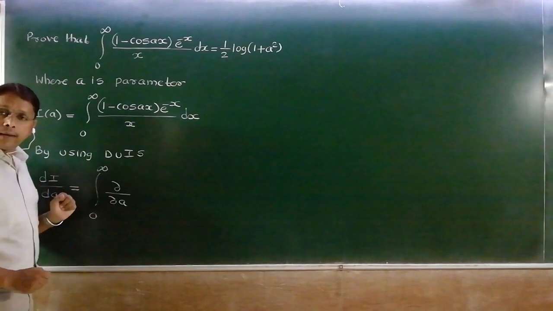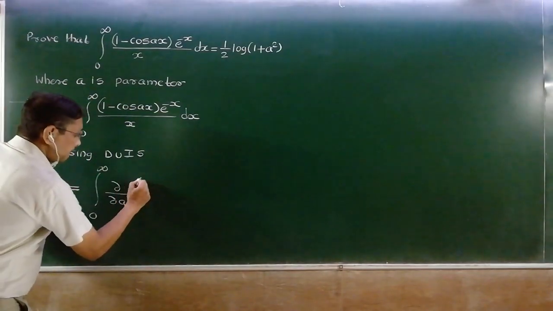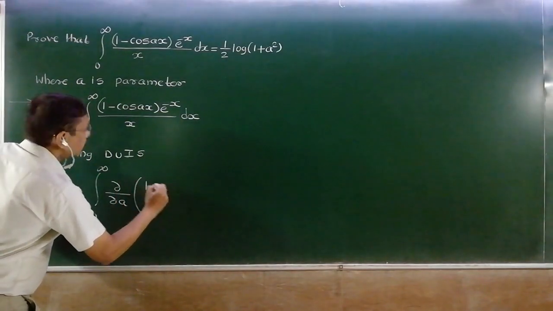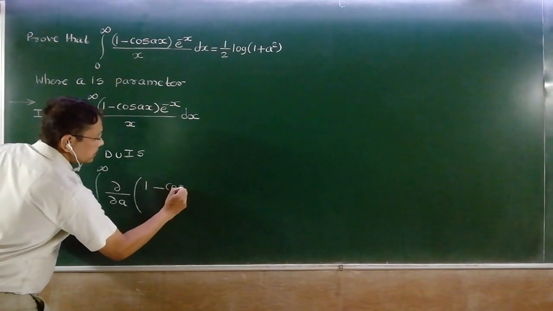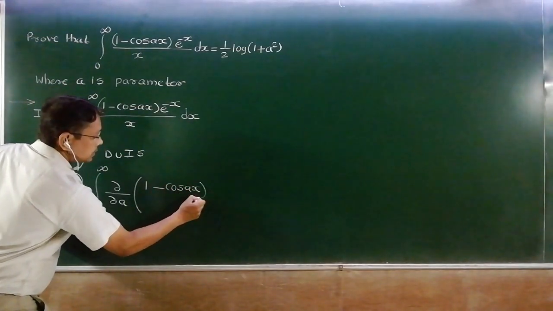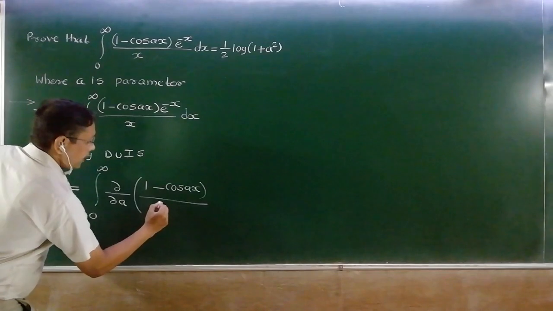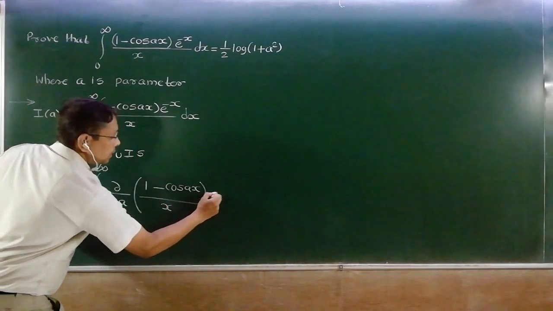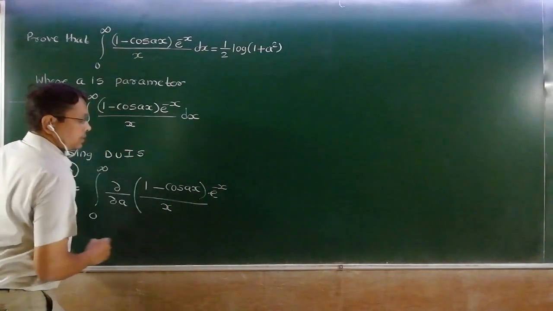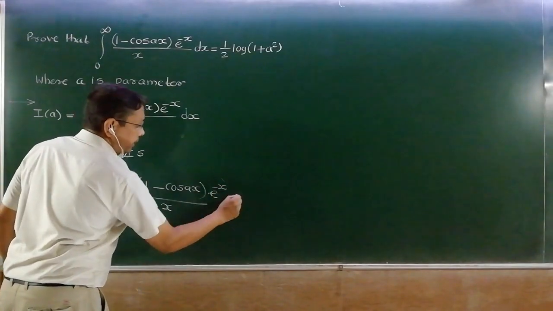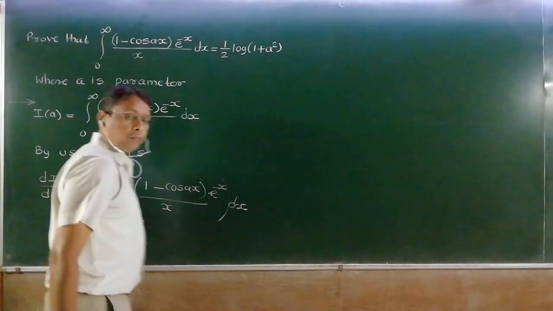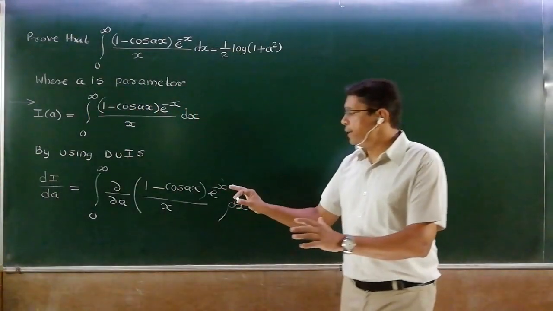So dou by dou a of that function, (1 minus cos ax) divided by x into e raised to minus x dx. Okay, it is as per DUIS.